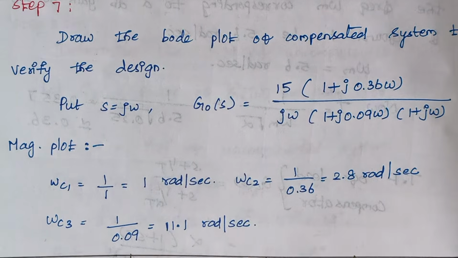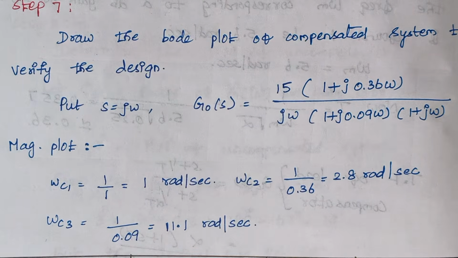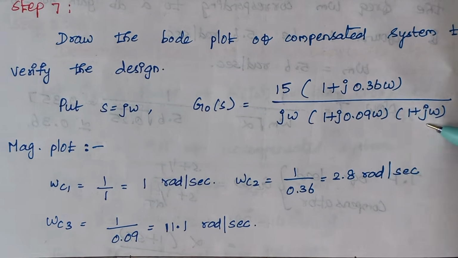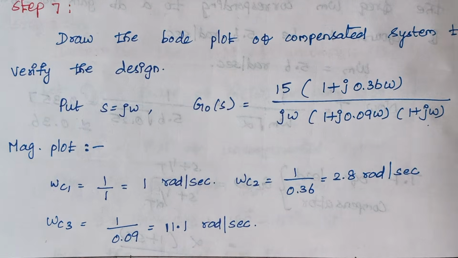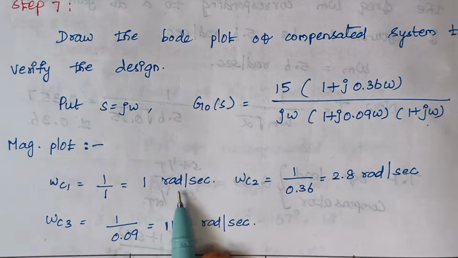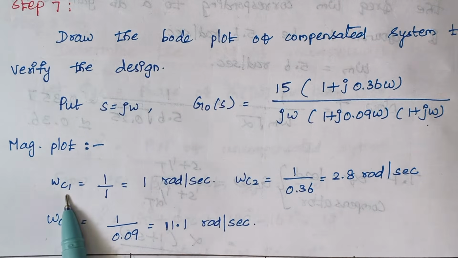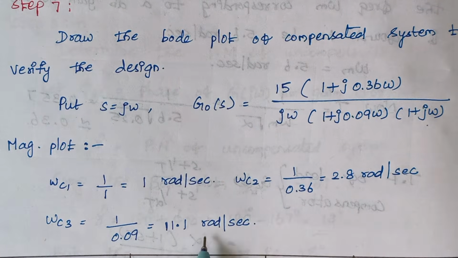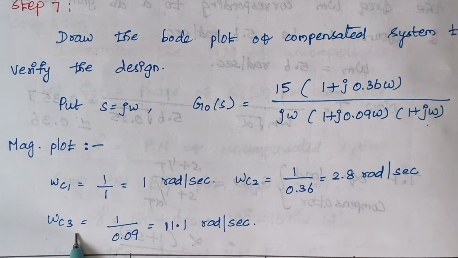How to find the corner frequencies? We have to take the reciprocal of the coefficient of omega. Here it is 0.36, here it is 0.09 and here it is 1. First find out the values, then give the names according to ascending order. That is, the least corner frequency should be named 1, the next highest should be named 2, and finally the highest should be named 3.